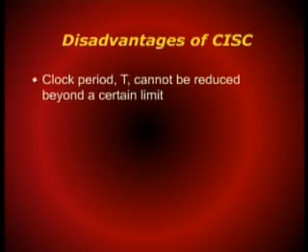There are some disadvantages associated with the CISC design philosophy. Clock period T cannot be reduced beyond a certain limit because when capabilities are added in the instructions, the CPU circuits require more execution time, and therefore it is a complex job to do it in a shorter time.